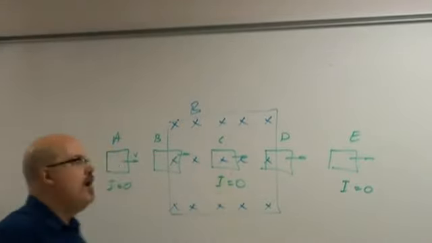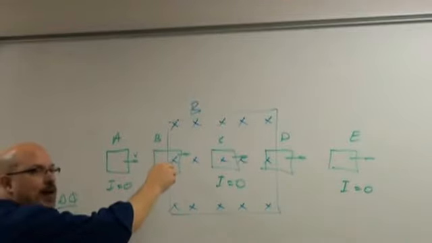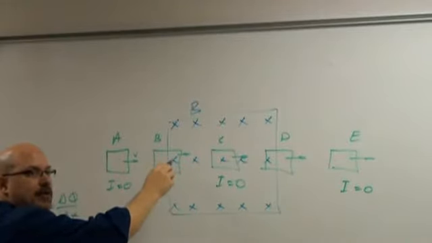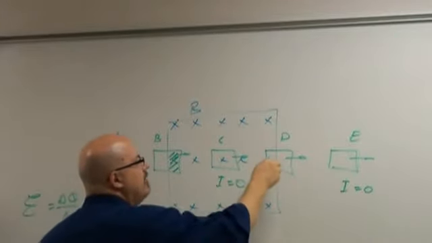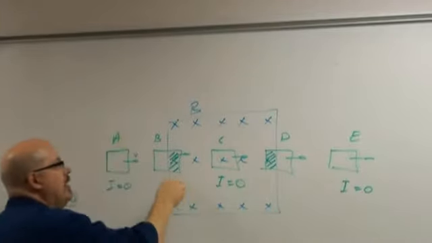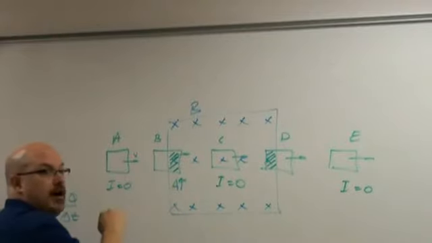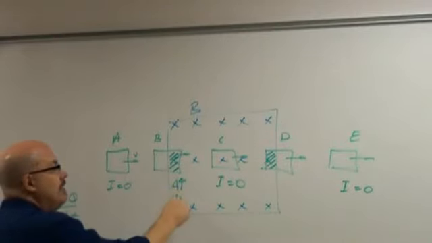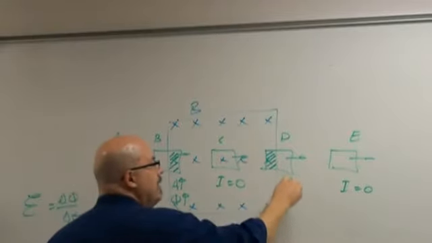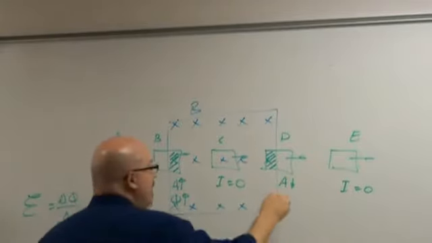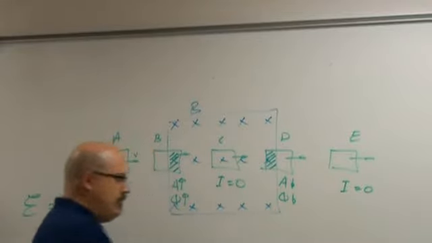I'm just in the midst. Now, why do I have a change in flux here? What's changing? The area. Over here, my area is increasing with time, so flux is increasing with time. Over here, my area is decreasing with time. Therefore, my flux is decreasing with time.